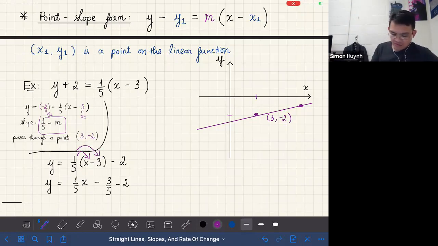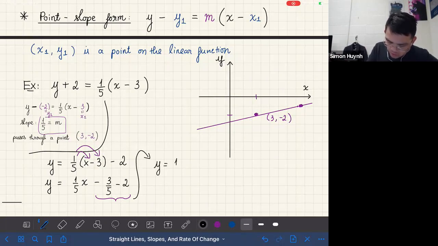And the last thing we can do is combine the two constants, the two values. So when we do that, we get that y is equal to 1/5 x. Here the common denominator is 10, right? So we get minus 13. Oh, sorry.